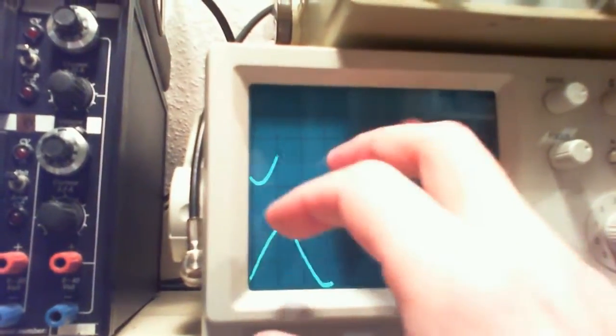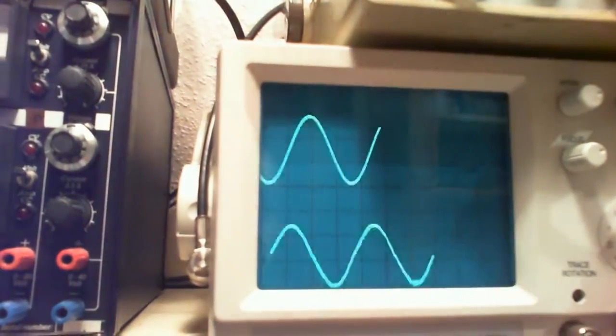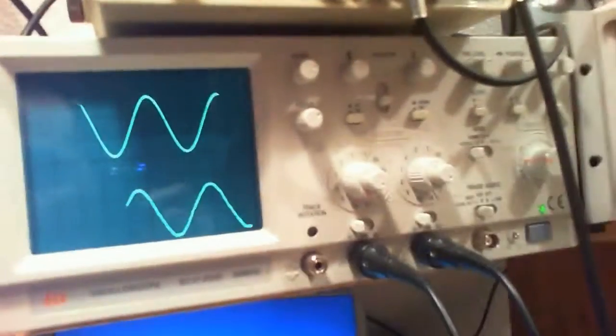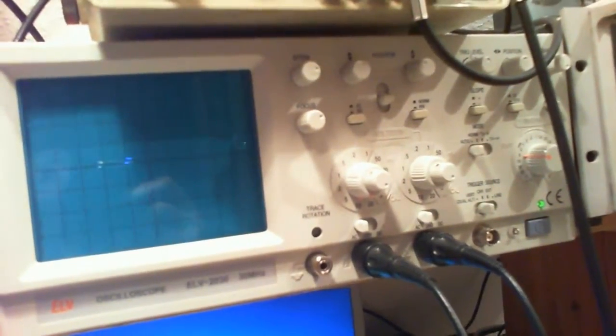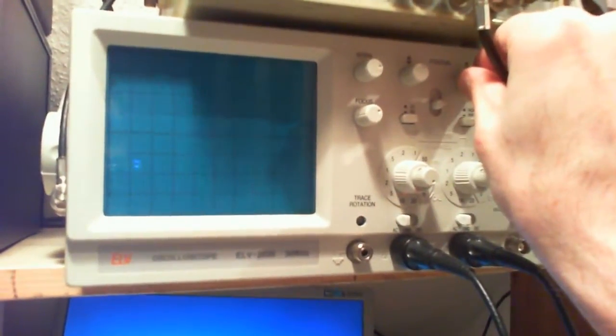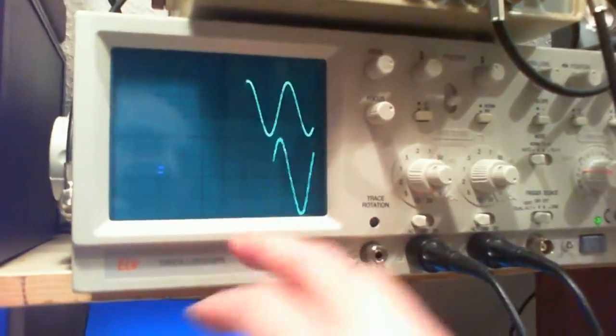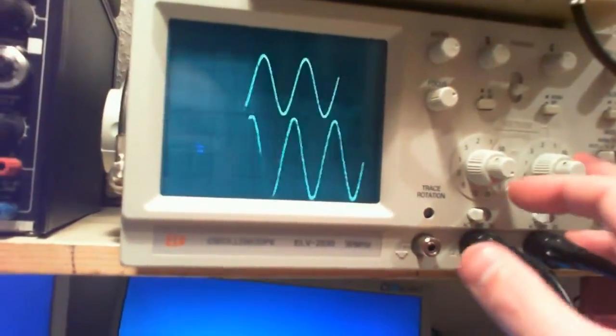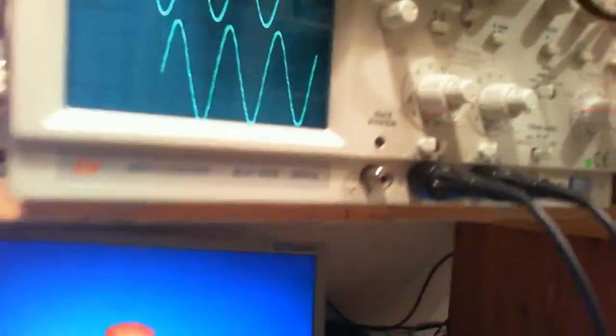And the input is still at about 30 volts peak to peak. And I increased the frequency a little bit more to about 10 times 100 hertz or so, and this is my output at 250 millivolts peak to peak.